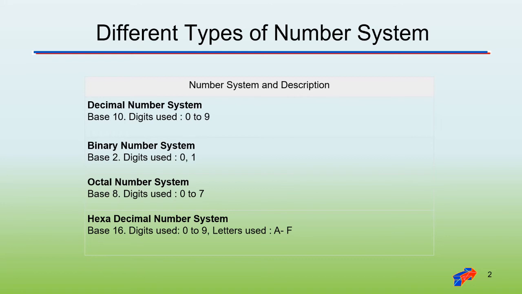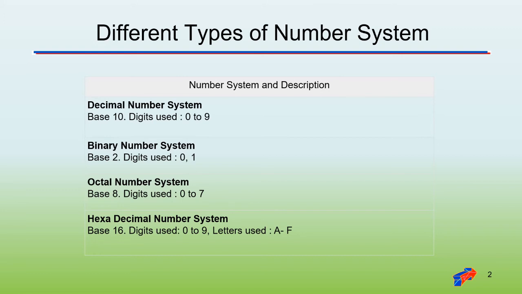Now, binary number system. Binary number system consists of 2 digits that are 0 and 1. Because it contains 2 digits, the base of that number system is 2. Same as in octal and hexadecimal number system.